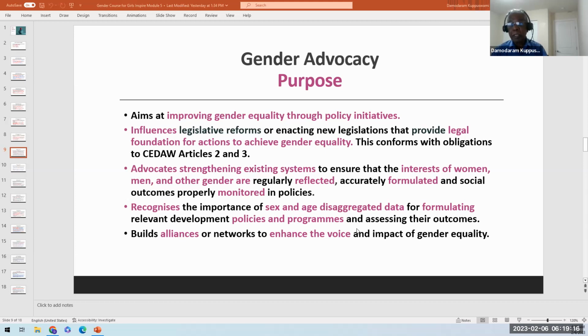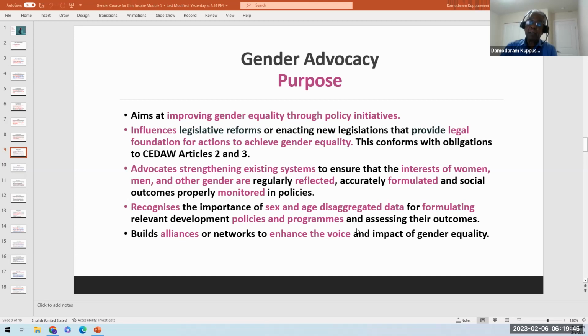It places an obligation on the state to review the existing policies and strategies to see whether they are contributing or not contributing to gender equality, so there is a need for a review and revising. If there are gaps, then come up with new things. So what we are looking at is how we strengthen the existing system.